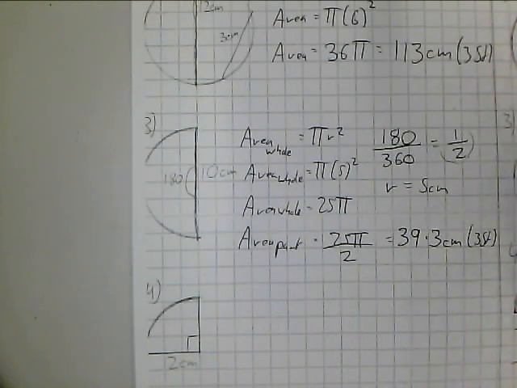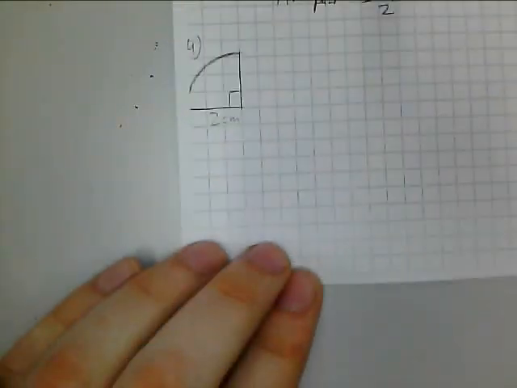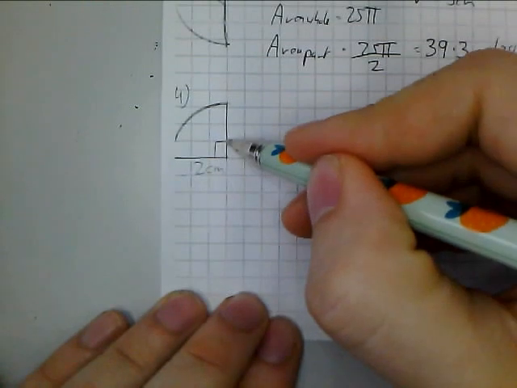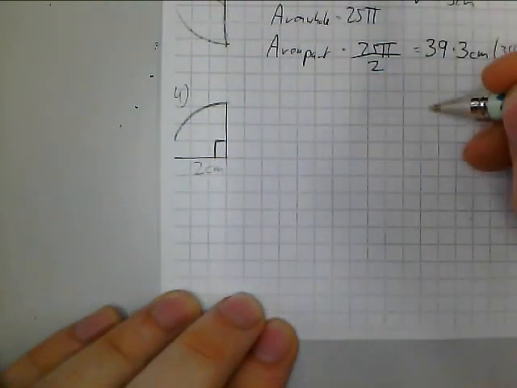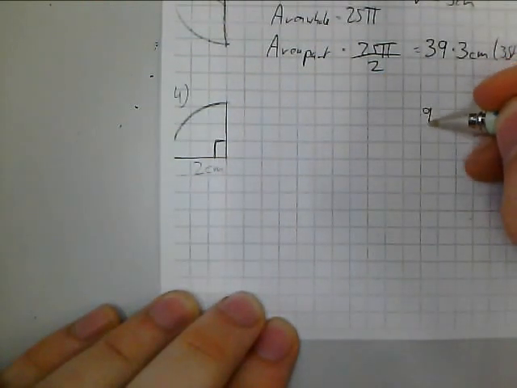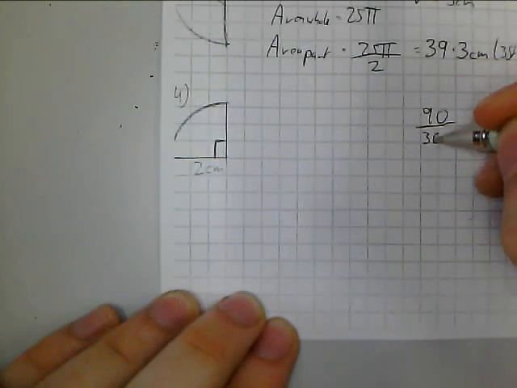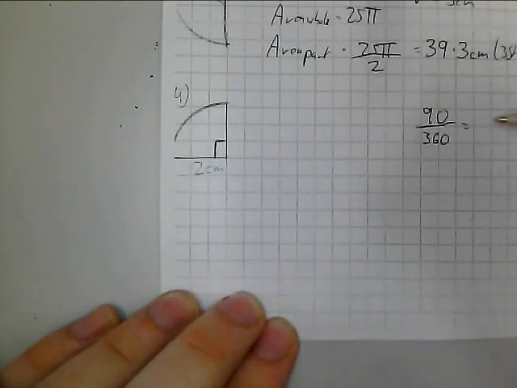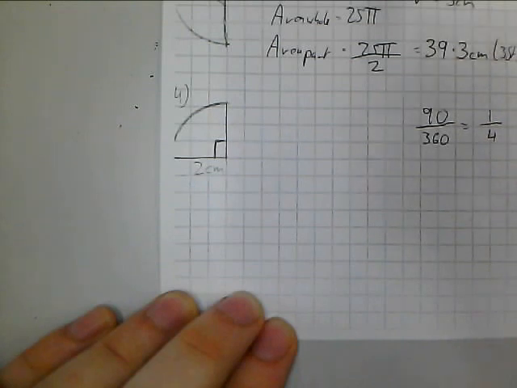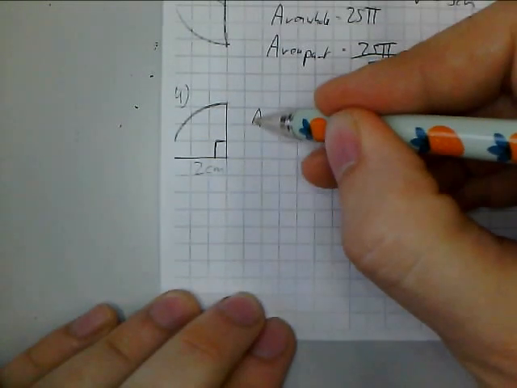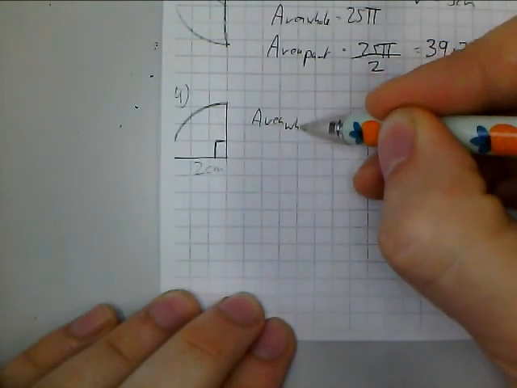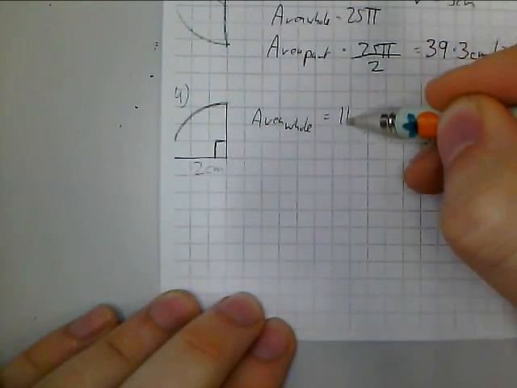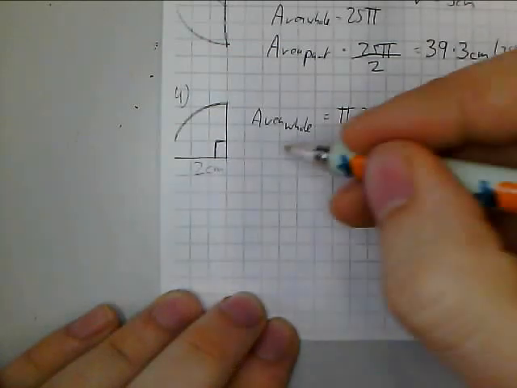Okay, and then finally, this one here. It's a right angle, so once again I'm going to work out my fraction. So it's 90 out of 360, and that is just a quarter. Okay, either using a calculator or simplifying until you can't go any further. So the area of the whole circle is pi r squared.